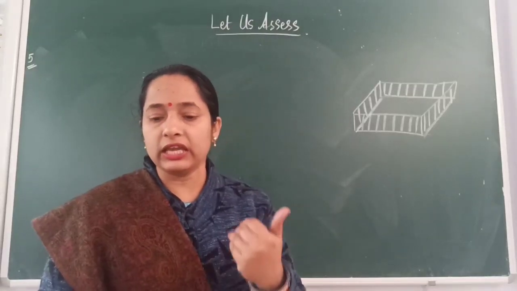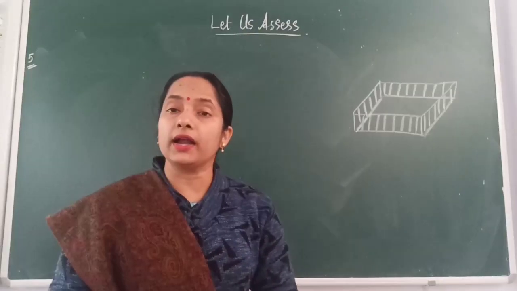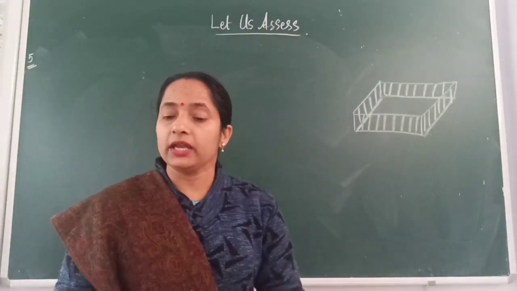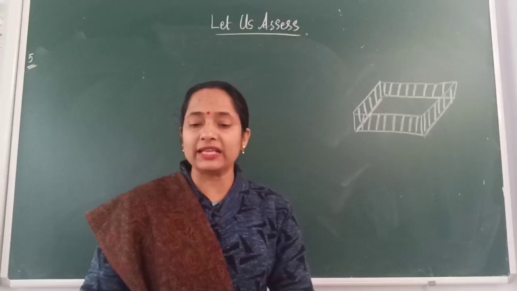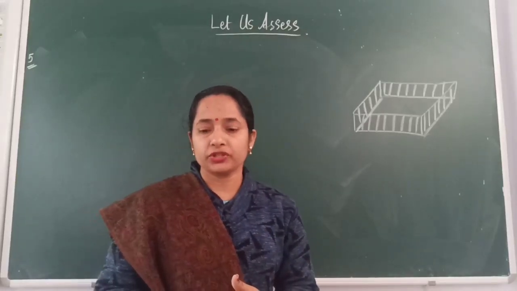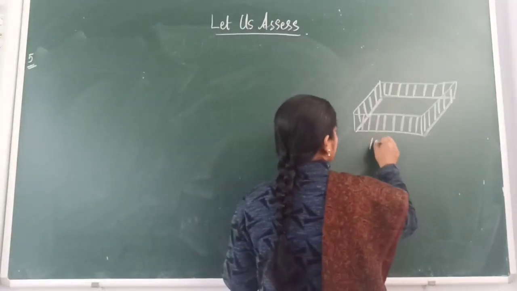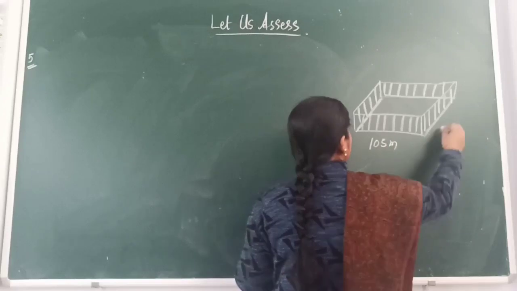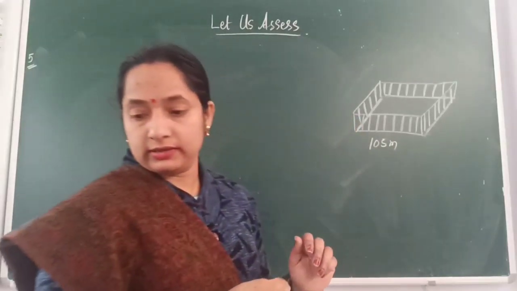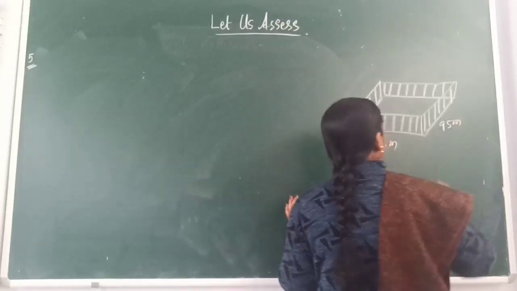So here he bought fencing for his rectangular plot measuring 105 meters by 95 meters, as well as the cost per meter of fencing is given to you. So here the dimensions are given. 105 meters is the length and 95 meters is the breadth.